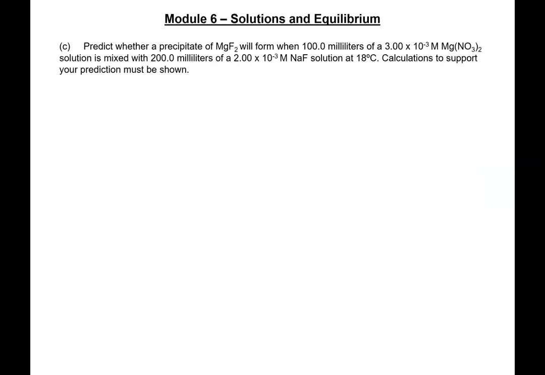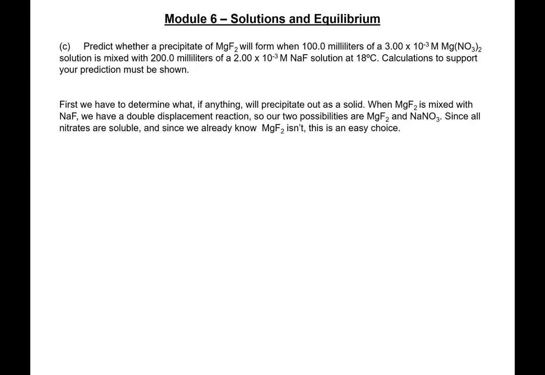Part C, predict whether a precipitate of magnesium fluoride will form when I add a certain quantity of magnesium nitrate to sodium fluoride. Support with a calculation. Okay, now first we have to determine, is anything even going to precipitate out as a solid?